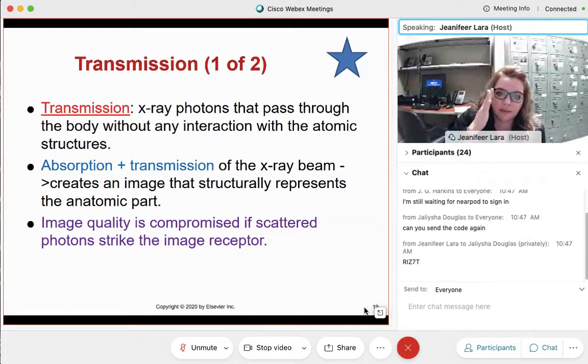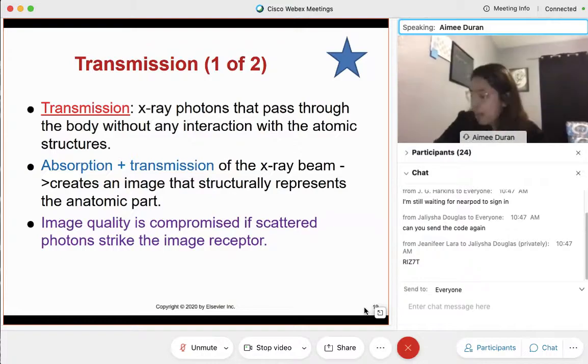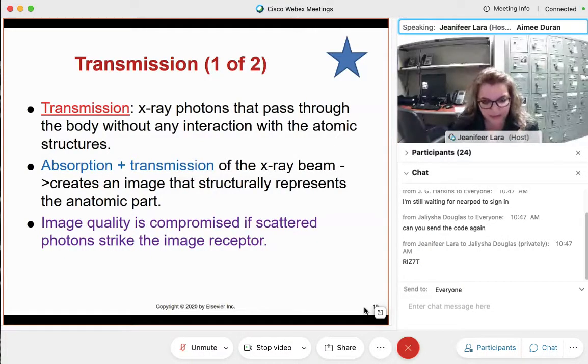So when we think about differential absorption, what are the three things that we need for differential absorption? Transmission, absorption, and Compton scatter. Perfect, Amy. Thank you so much. So we need all three. We will need transmission, we will need absorption, and we need a limited amount of scatter.